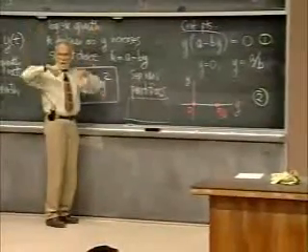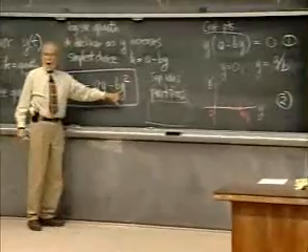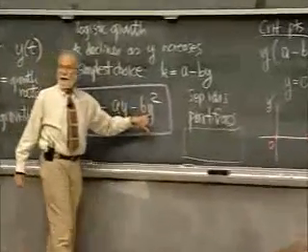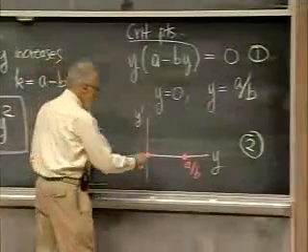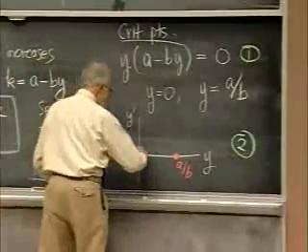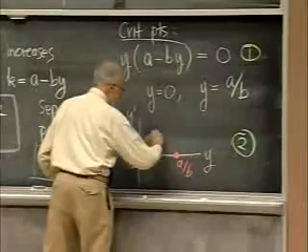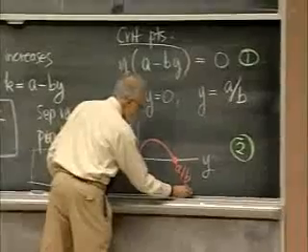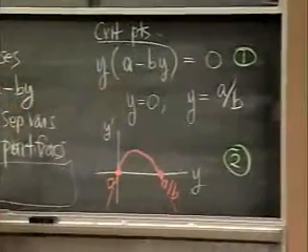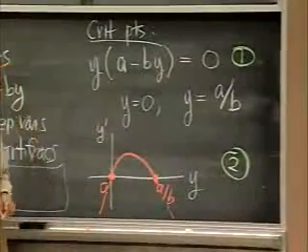Does it go up or does it go down? Well, when y is very large, it's very negative. That means it must be a downward opening parabola, and therefore this curve looks like this. So I'm interested in knowing where is it positive and where is it negative.